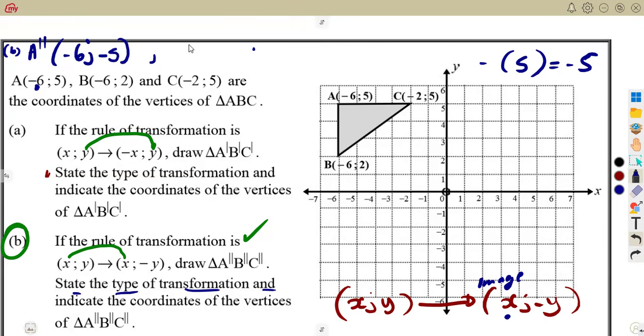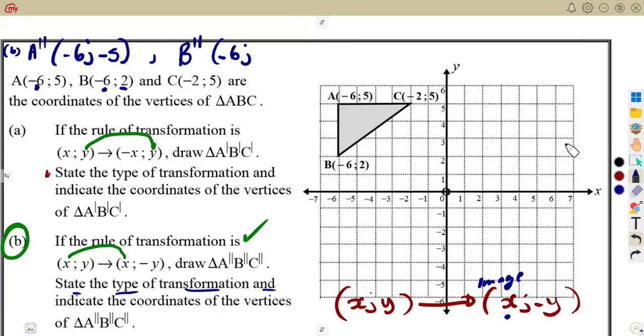You move on to the point B. Its image, you do the same thing on this part of our B to find its image. Remember the X not affected. So on B, the X will remain as minus 6. It is the Y value which we are going to multiply by what? A negative.